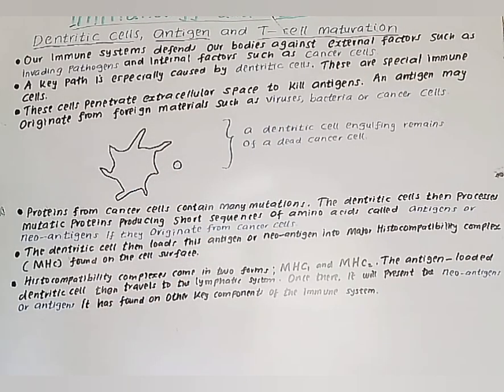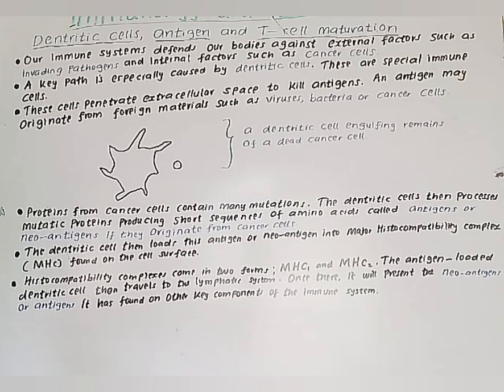Proteins from cancer cells contain many mutations. The dendritic cells then process mutated proteins, producing short sequences of amino acids called antigens, or neoantigens if they originate from cancer cells. The dendritic cell then loads this antigen or neoantigen into major histocompatibility complexes, that is MHCs, found on the cell surface.